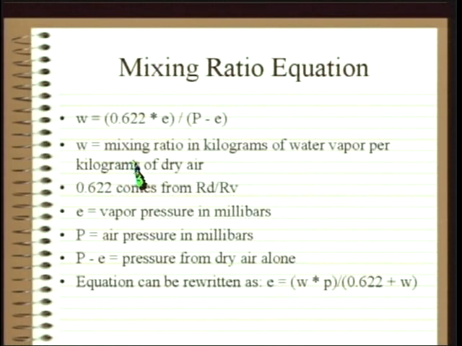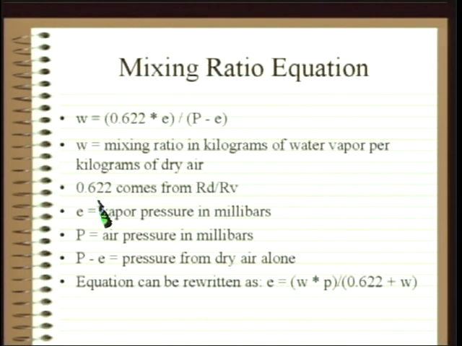So the W is the mixing ratio in kilograms of water vapor per kilogram of dry air. So that's the definition of the mixing ratio. So you have your mass of moisture divided by the mass of dry air.